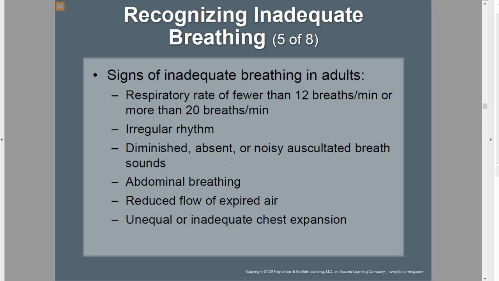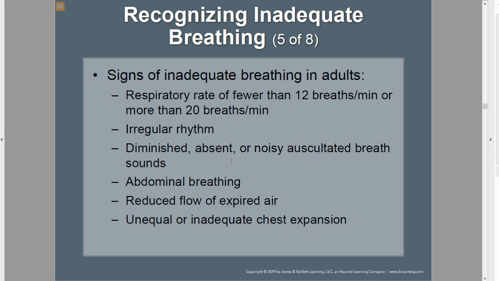So if you get a test question that says they're breathing 10 times per minute, but you don't get adequate chest rise and fall, then yeah, you have to assume that that's going to be inadequate, right? An irregular rhythm, right? They're not talking about the cardiac monitor. They're talking about the rhythm of breathing.